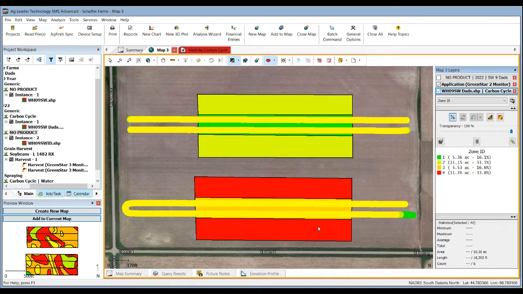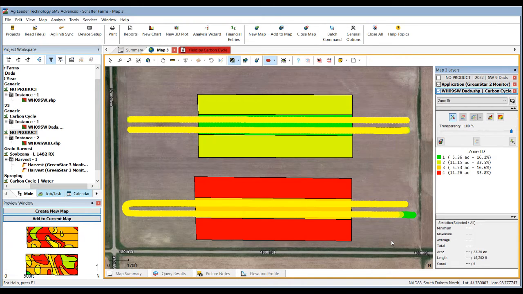The reason I separated this area from this area is because I know historically this part of the field is less productive. So I didn't want to cross too much history of management practices in this field. I wanted to compare each Carbon Cycle pass directly to those next to it.